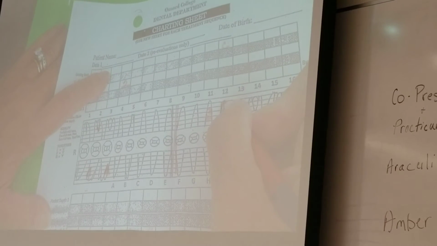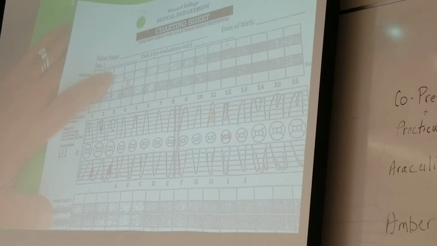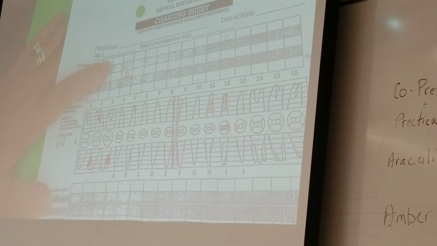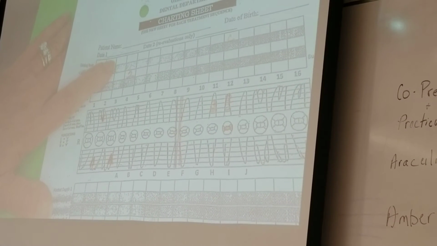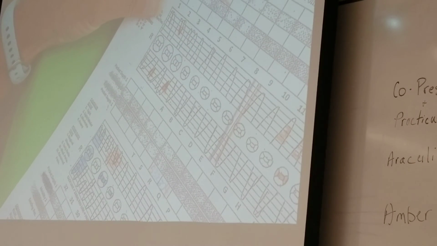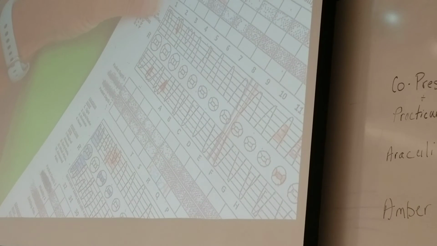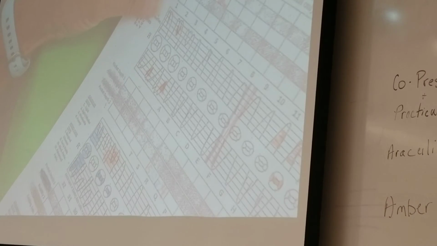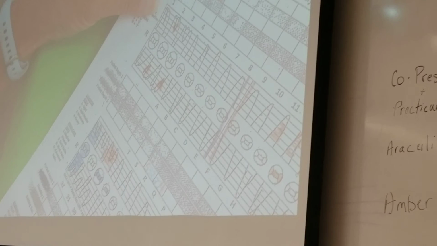Okay, so a red line with the millimeter below it. That's recession. Would you write an R in the box, or is that number just going to indicate? That number will indicate.